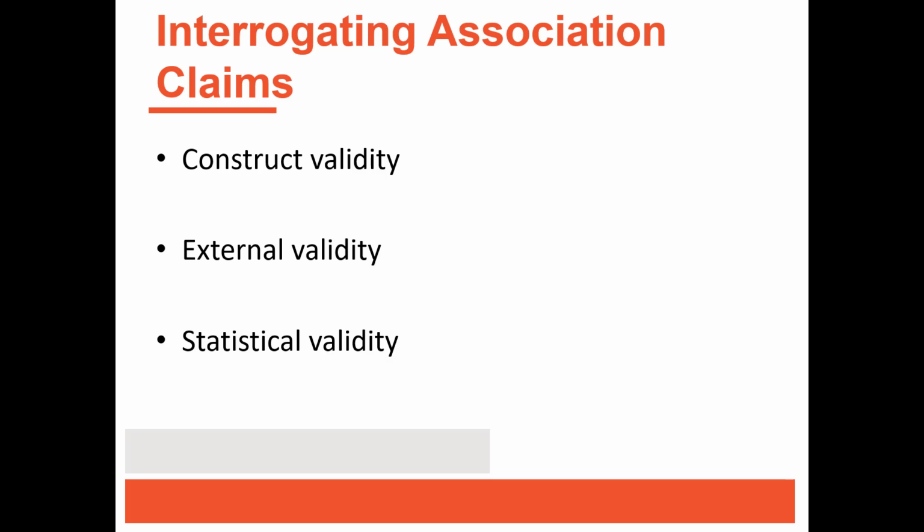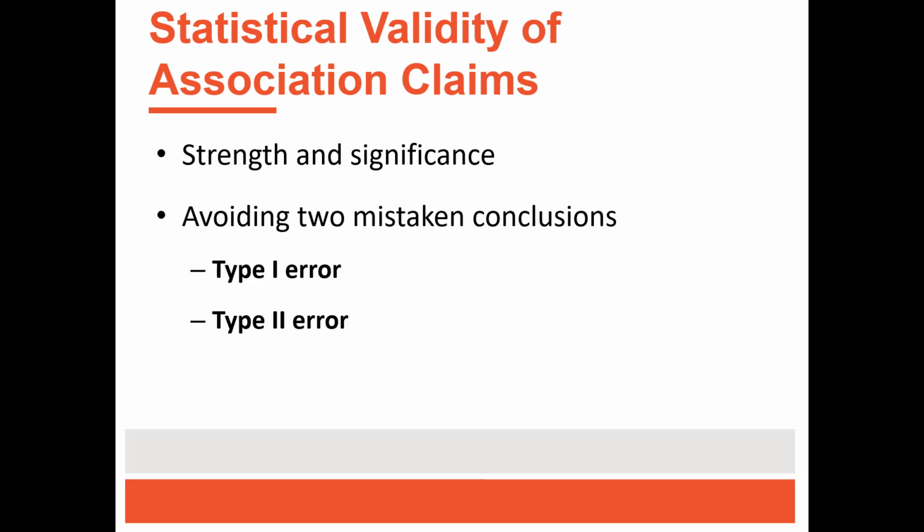Finally, statistical validity, when referring to an association claim, is the extent to which the statistical conclusions are accurate and reasonable. There are two aspects of statistical validity to consider: strength and statistical significance of two kinds of mistakes. Strength is how strong the association is.